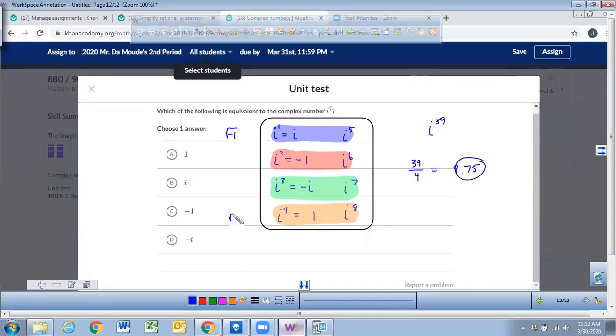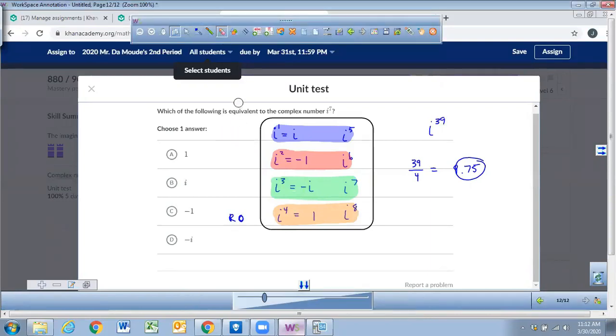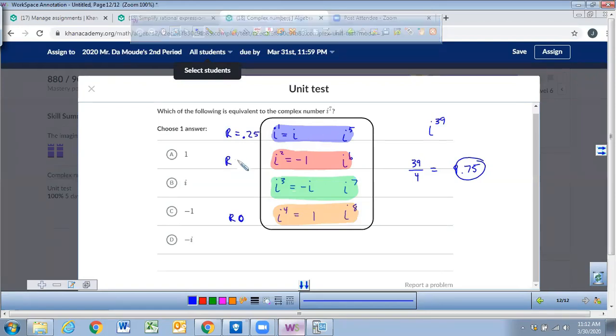In this row, the remainder will always equal 0 because these are all factors of 4. The first row, the remainder will always equal a quarter. So anything that has a quarter at the end, you'll know it's in the first row. This remainder will always equal a half. And this remainder will always equal 0.75.